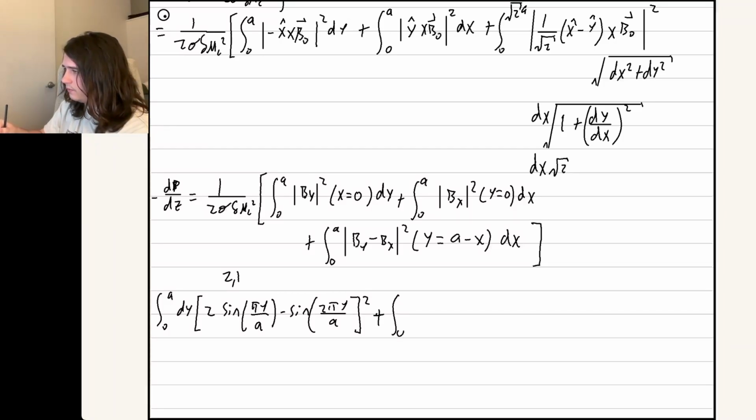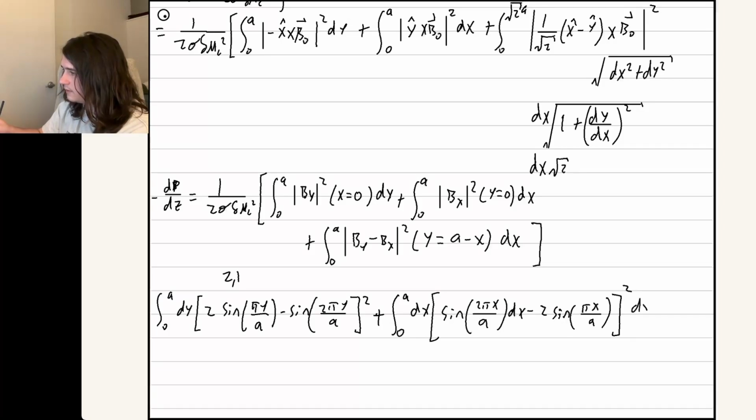You're going to have an integral over x of sine 2 pi x over a dx minus 2 sine pi x over a squared dx. You're going to have from 0 to a a dx integral, and this is going to be your really annoying By minus Bx squared term.